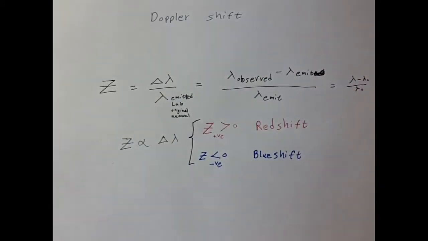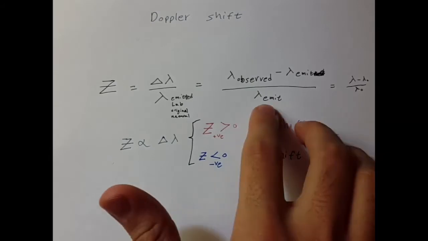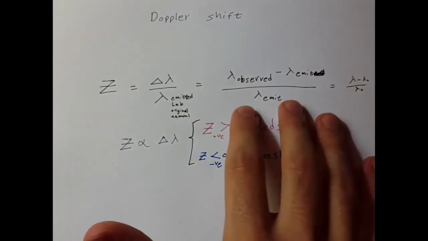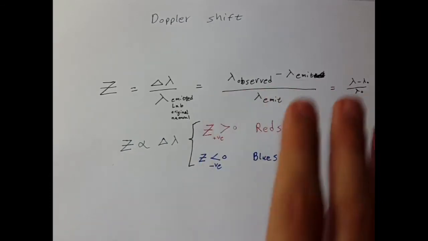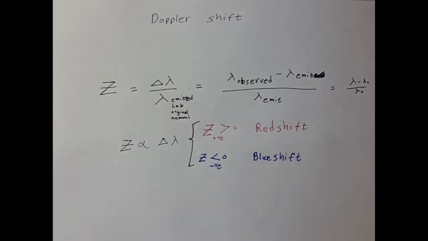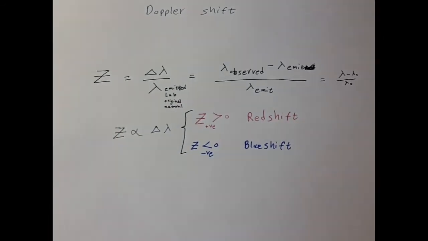That's how you can deduce what the form of this relationship is going to be. So if you have a problem with that, recall this, and you'll get to the right formula for z.